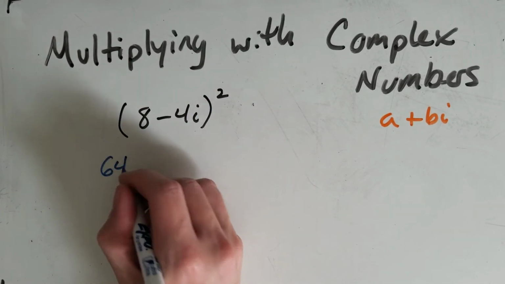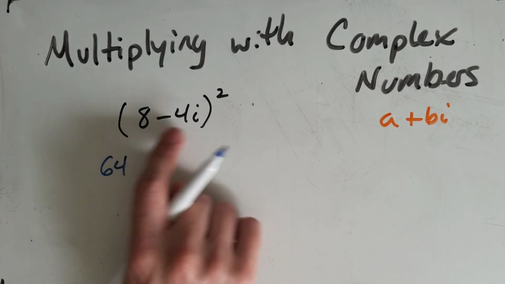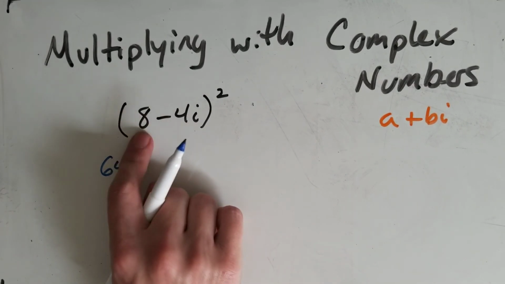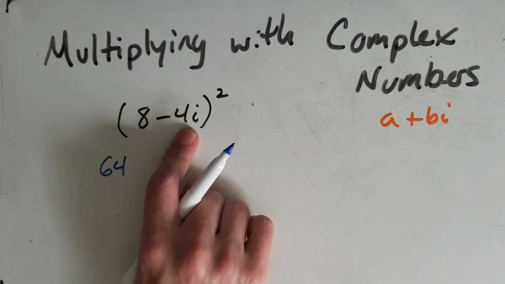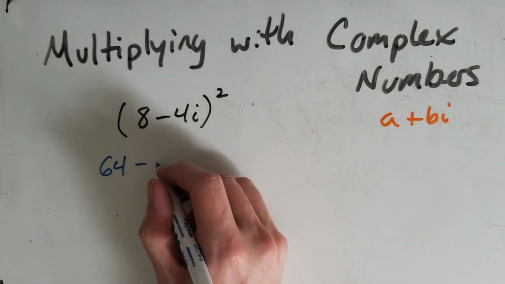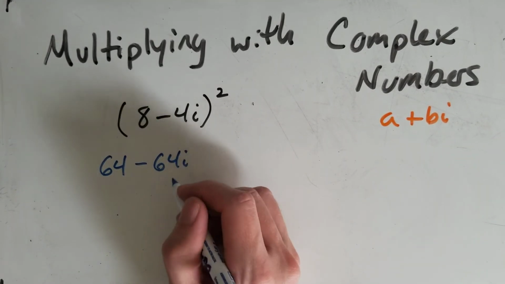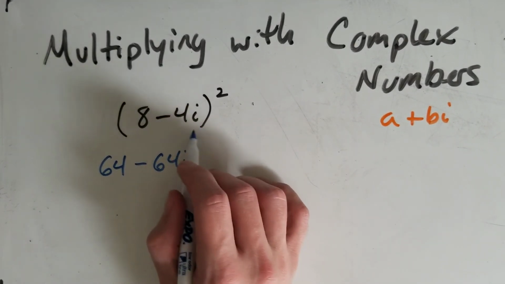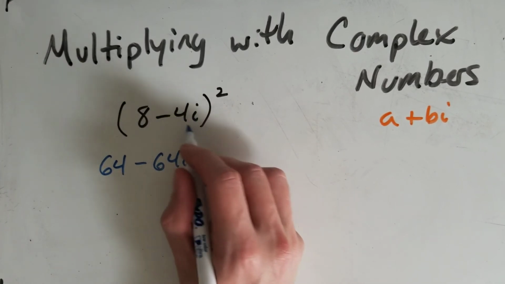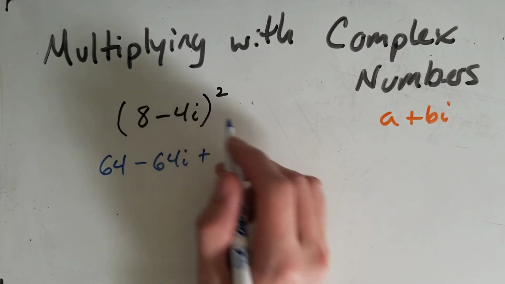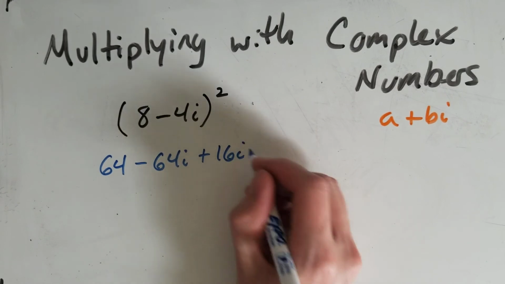I know 8 squared is 64. And then in the middle, you're going to have the 2ab, if you remember this. So a times b is 32. So 2 of that is going to be minus 64i. And then our last term would be plus the b squared. So 4i squared would be 16i squared.